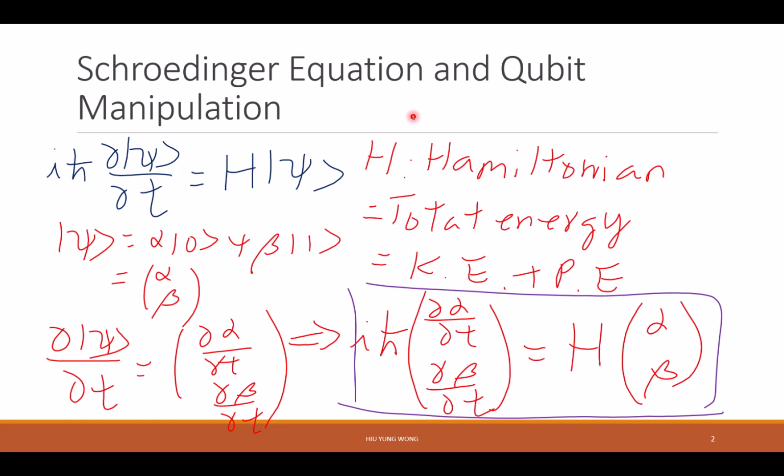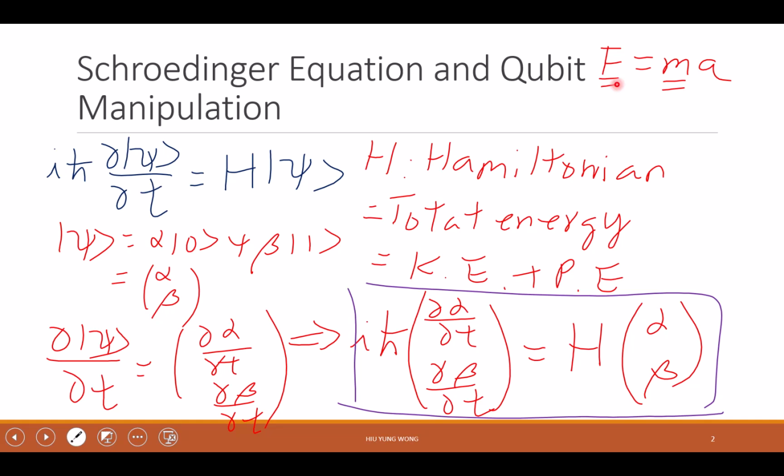In F equals ma, you have acceleration, the rate of change of position. How does it change? It depends on the force applied to it and its mass. And then we can solve everything. We know how the particle is going to move given the force and mass.